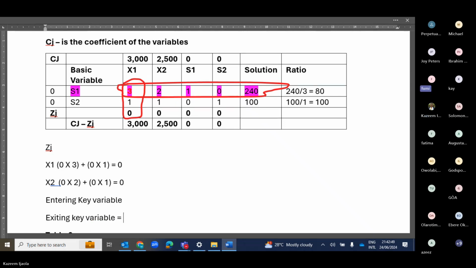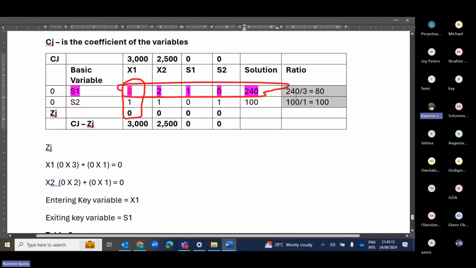Entering is X1. Why is X1 the entry? Because it has the highest contribution. Then which one is exiting? S1. Why is S1 exiting? Because it has less contribution. That's the lesser out of these two.